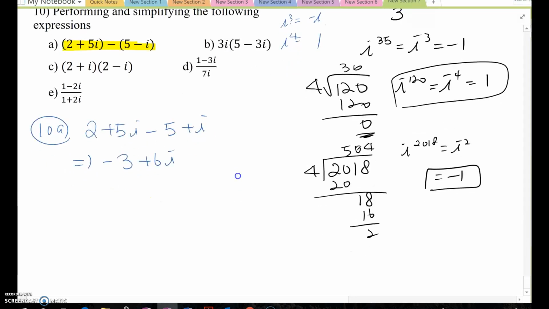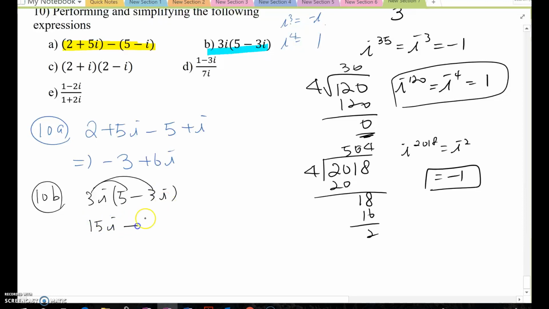Now, b, we are multiplying, right? Therefore, you need to distribute. So 10b is 3i times (5 minus 3i). Therefore, 15i minus 3i squared.